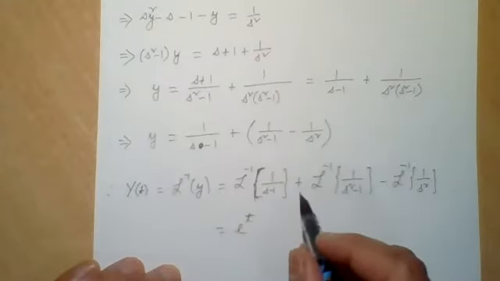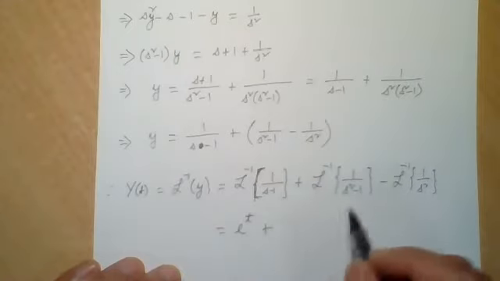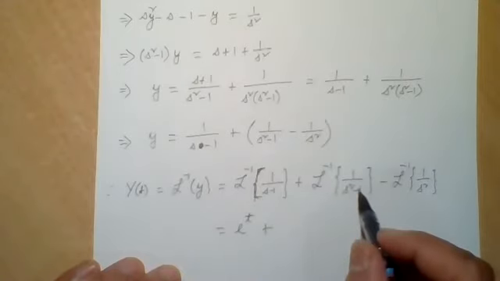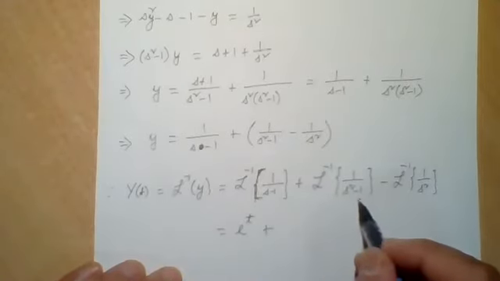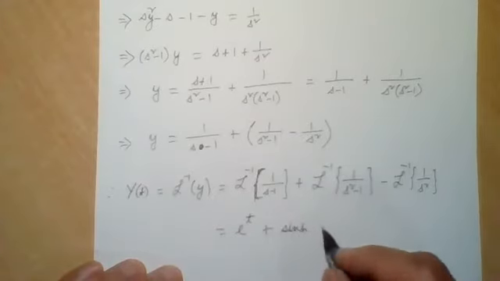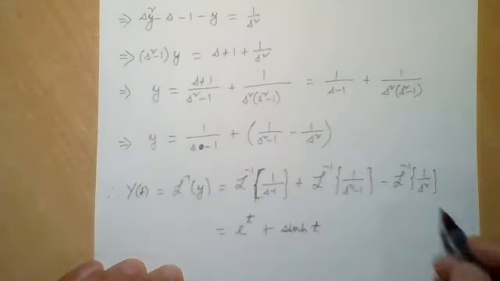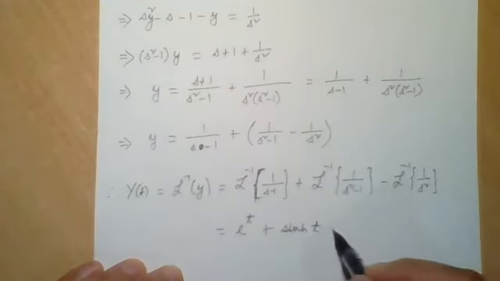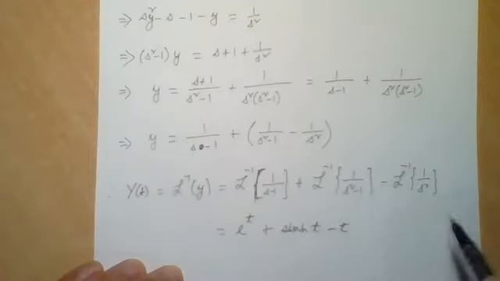Then plus the inverse Laplace transform of 1 by s square minus 1, which is nothing but sine hyperbolic t. And the inverse Laplace transform of 1 by s square is nothing but t.